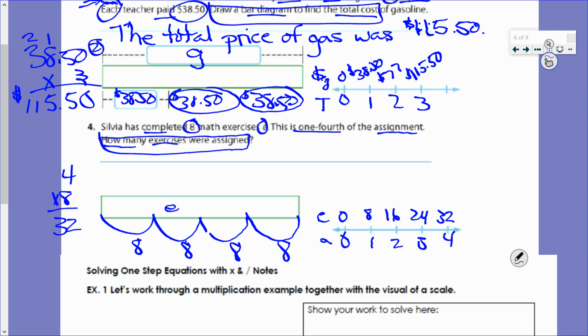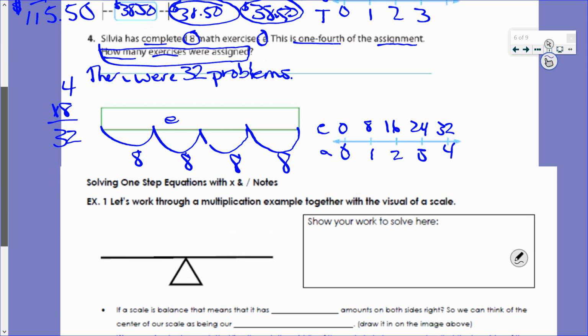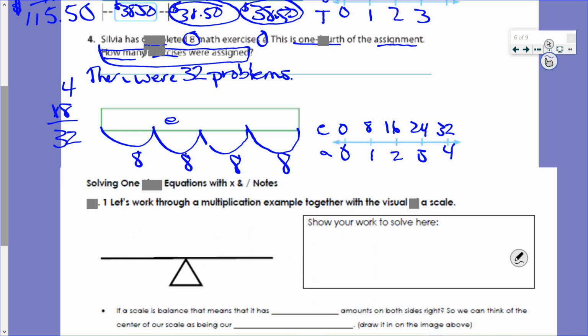So our answer would be there were 32 problems or exercises. Make sense? Okay. Give you a second, make sure everyone's got that one written down.